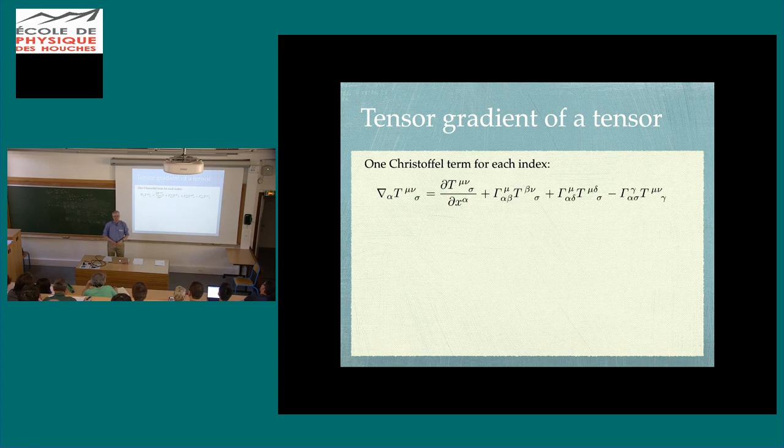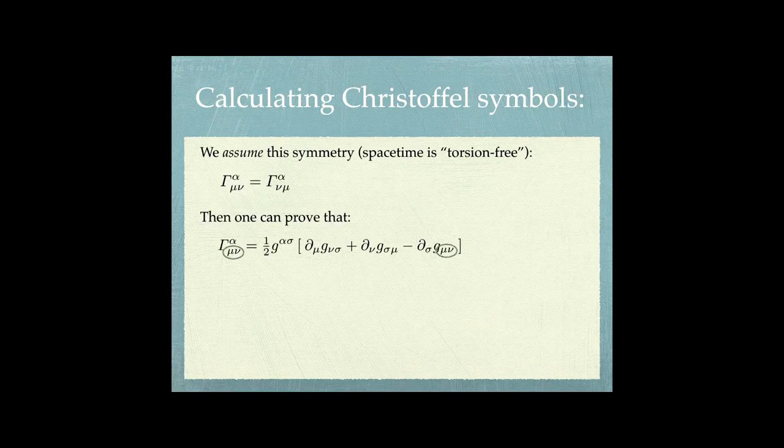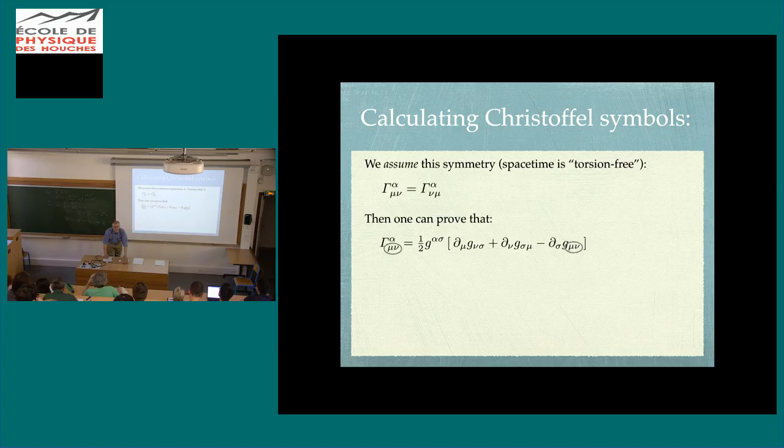Because each component, each index, involves projecting on the basis vector, and the basis vector is changing, so you need to do a correction for that. All right? So that is that. So great. The trouble is we'd like to be able to calculate those Christoffel symbols.